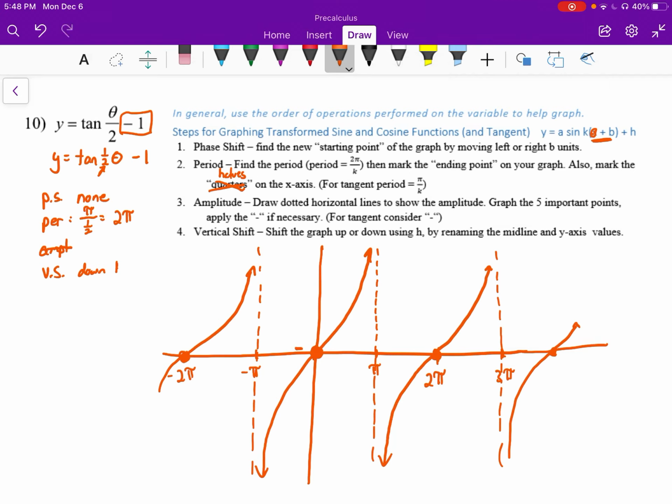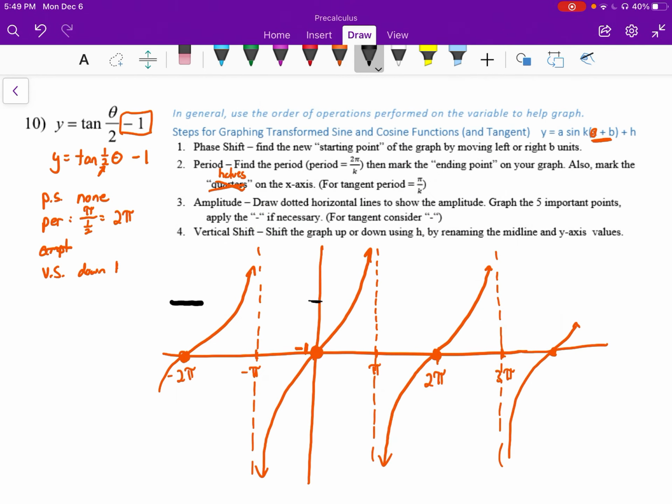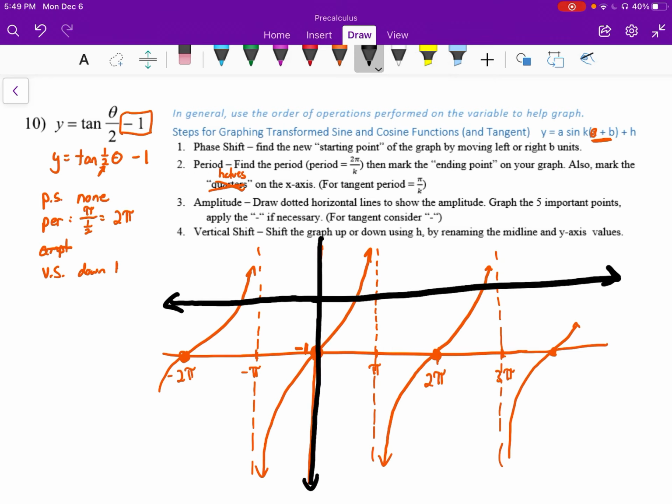So this is actually -1, which means our x-axis would be up here at 0. So we're going to draw in an x-axis. And maybe we'll even highlight our y-axis again here. And so we relabeled that so that would be down 1. And there's the graph of y equals tangent of theta over 2 minus 1.